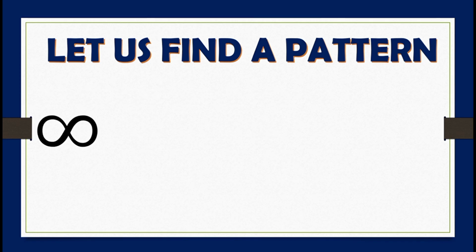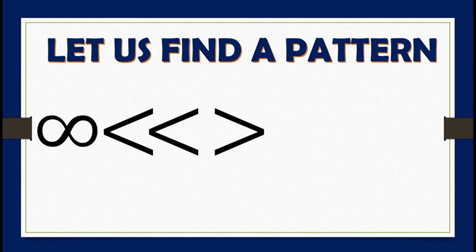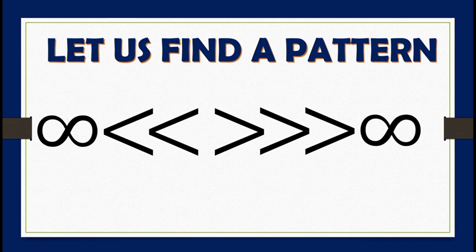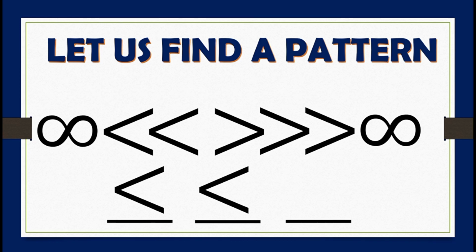Infinity symbol, less than symbol, less than symbol, greater than symbol, greater than symbol, greater than symbol, infinity symbol. What do you think would be the next three symbols? These symbols are less than, and greater than symbol.